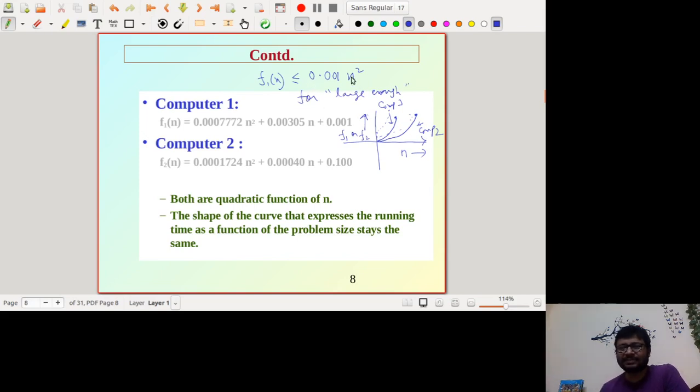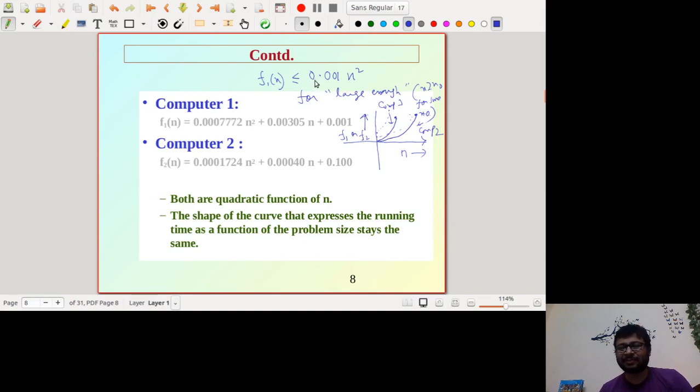For some initial small values of n, F1(n) might be greater than what is written on the right hand side, but you will be able to work out some n0 such that the moment n exceeds n0, this function will take over F1(n). So F1(n) will be less than or equal to 0.001 times n square for all but few small n's. So when this holds, we will say that F1(n) is order of n square.